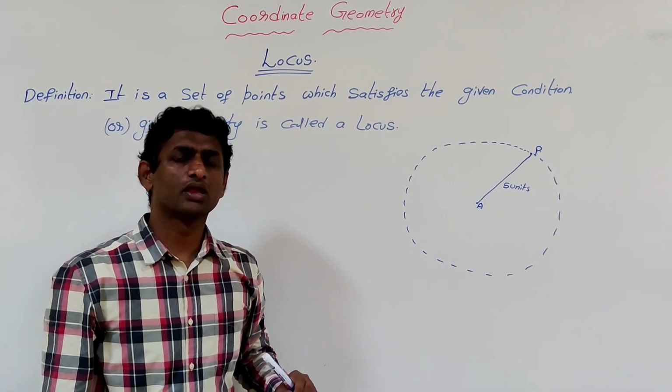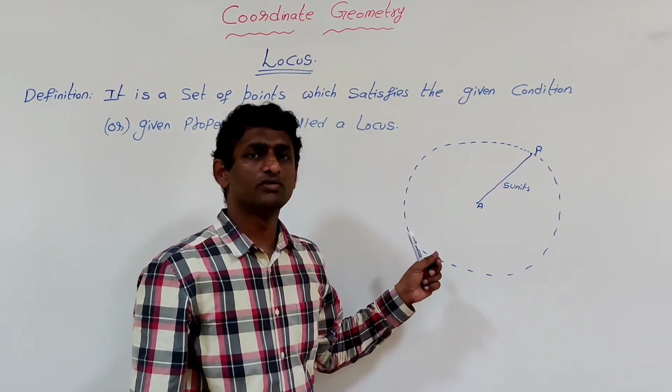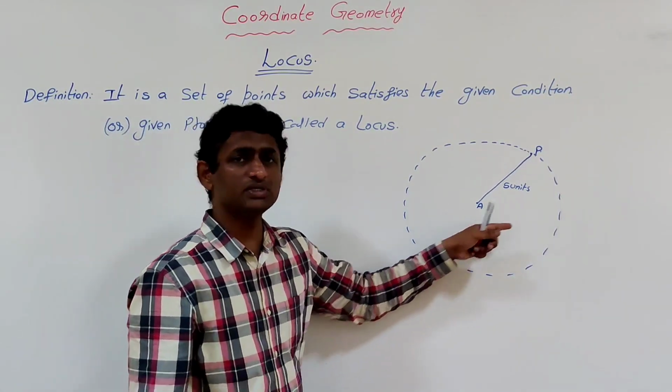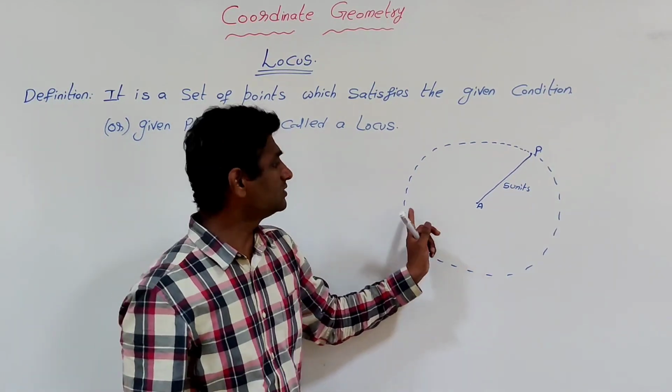For every condition we will have a shape. For this condition, the shape is a circle. So the locus is a circle.